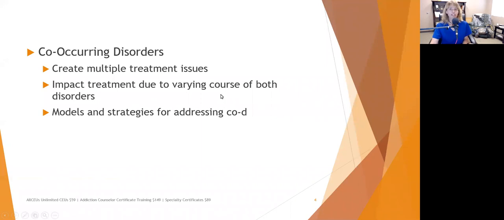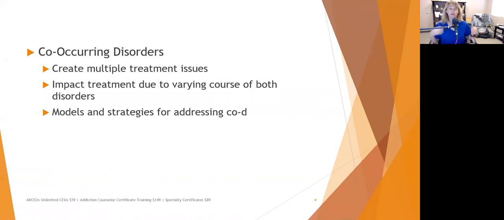People with co-occurring disorders have multiple treatment issues. You've got the substance, you've got the post-acute withdrawal syndrome, you've got whatever the mental health issues are. And a lot of times people with mental health issues, not all the time, but a lot of times they're also on some sort of psychotropic medications. Now, some docs will prescribe psychotropics as soon as the person gets clean, in order to help them stay clean when they get out of detox.